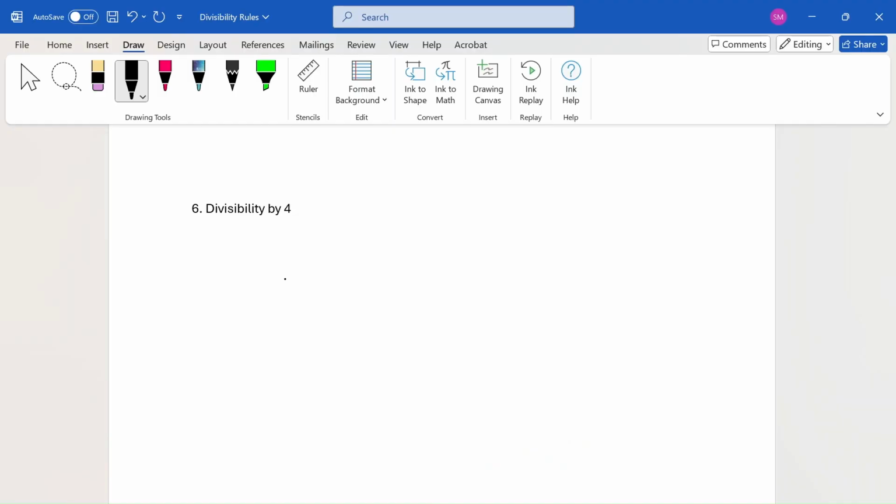Now, let us study the divisibility rule of 4. In order to check if a number is divisible by 4, we check the last two digits of the number. Are the last two digits divisible by 4? Let's take an example. My example is 9532.